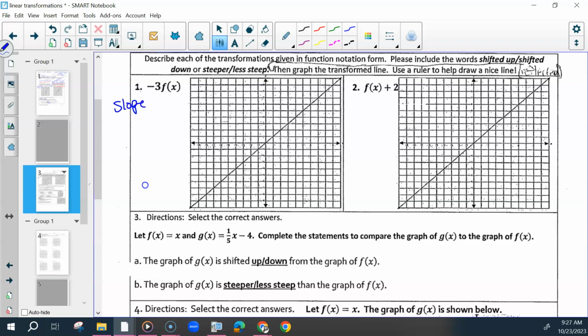The slope reflected because it's negative. That's it. And it got steeper because of the 3. What about the y-intercept? Anything happened to it? No, it stayed the same. So y-intercept stayed the same.